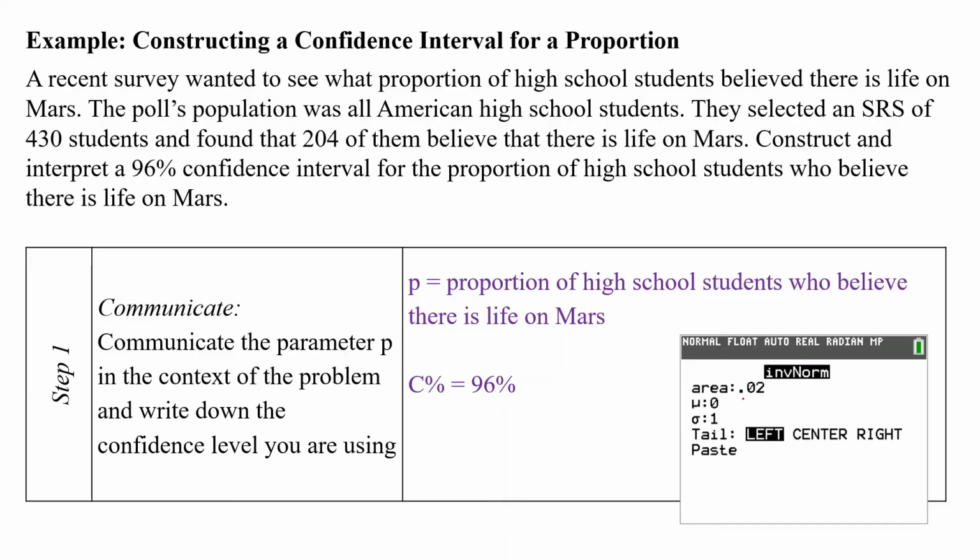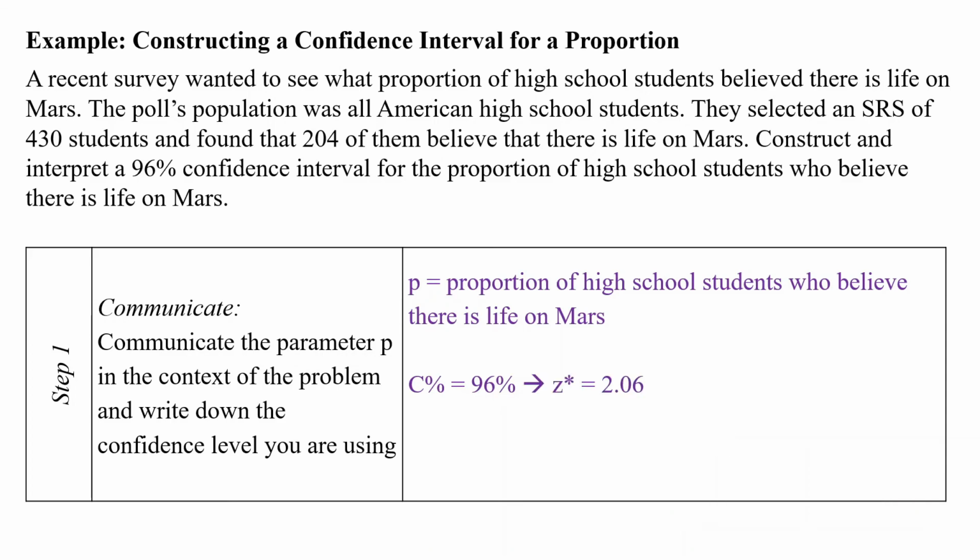So if I do inverse norm of that 2% tail probability, to the left, I can get what my z star value is, which in this case is 2.06 for 96% confident. Notice I didn't draw a curve. You can if you want, but you don't have to. And we don't want to write down any calculator speak either. That's not necessarily showing work. We can go from C% being 96% straight to z star equals 2.06.